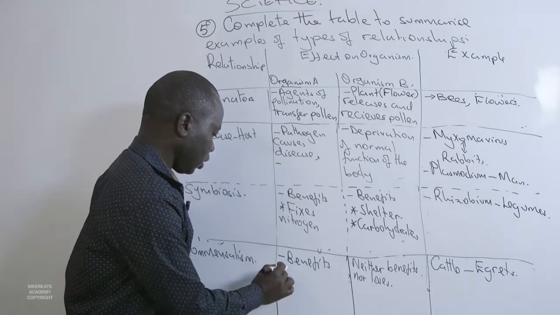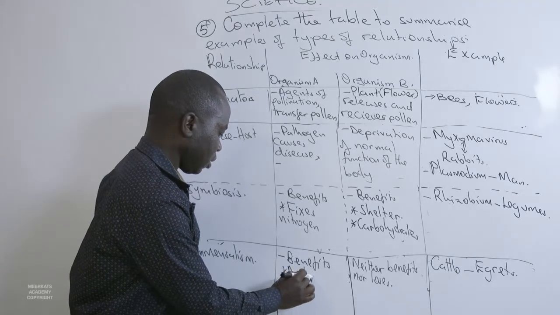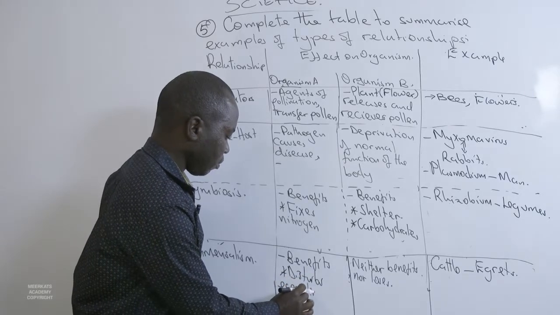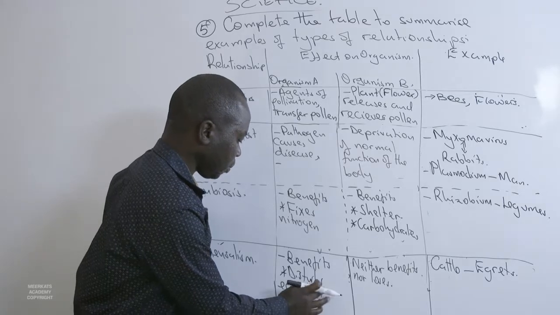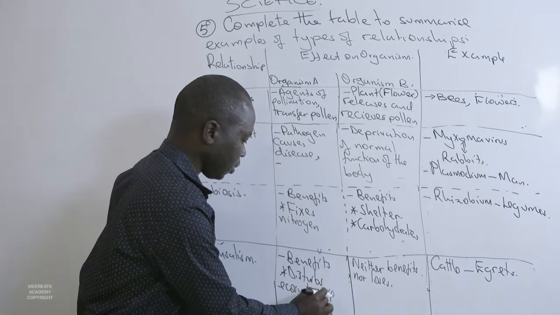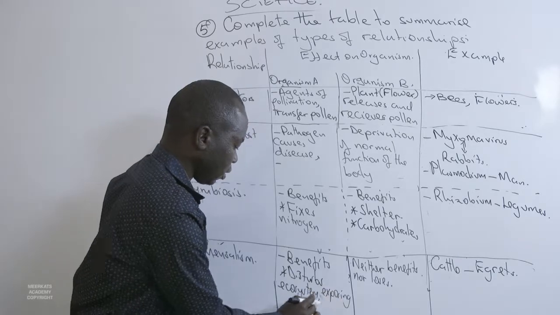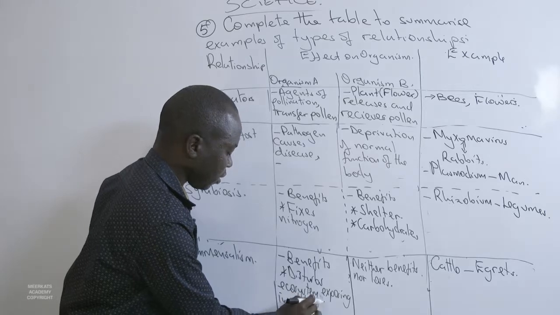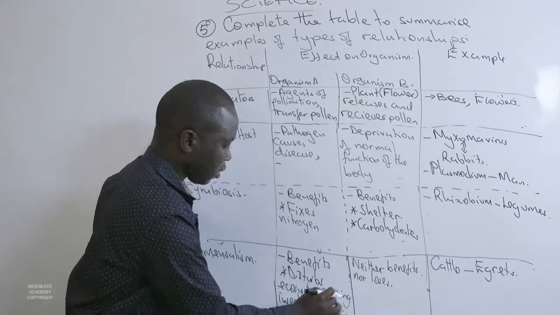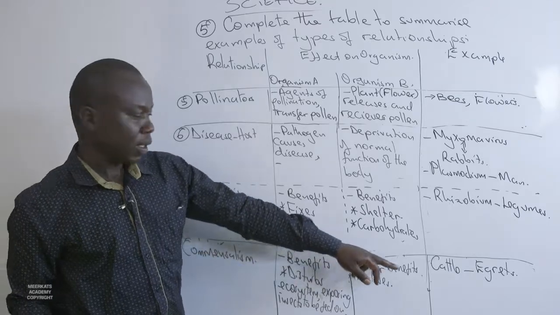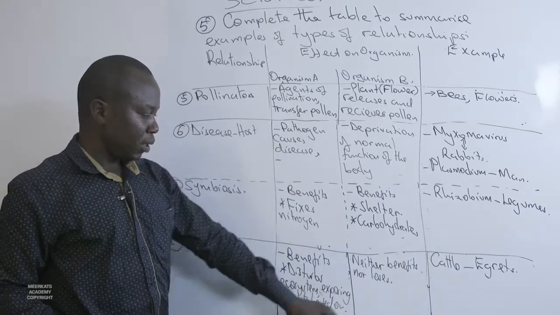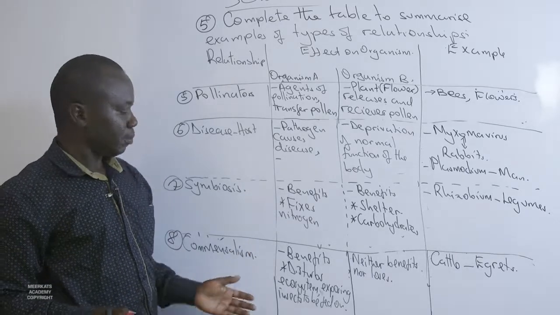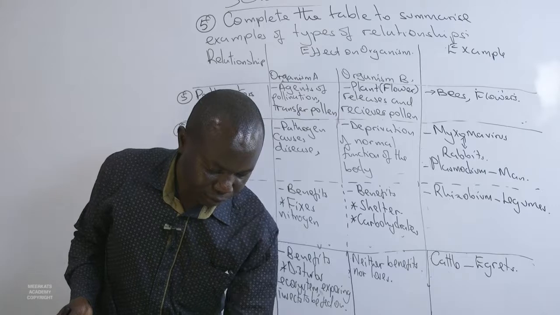So, it disturbs the ecosystem, releasing or exposing insects to be fed on. And then here, because the cattle neither loses nor gains, we just leave it that way. So there are several relationships, but we have just mentioned a few.